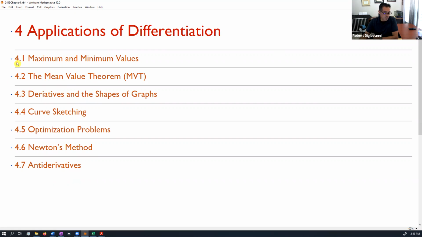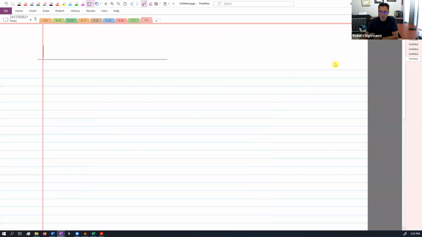In the first section we're going to cover, and all we're going to cover today, is this idea of maximum and minimum values. So let me give you a broad idea of what we're going to be doing here in chapter 4. Basically there are two different points of view that we have.